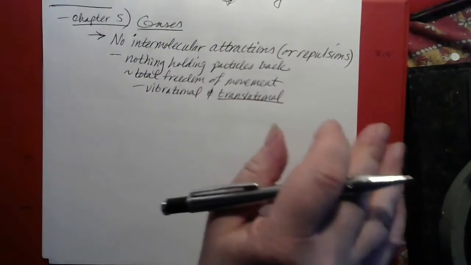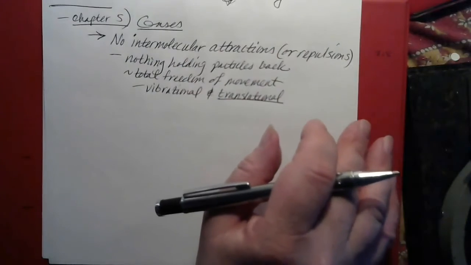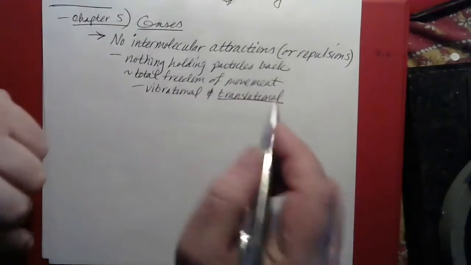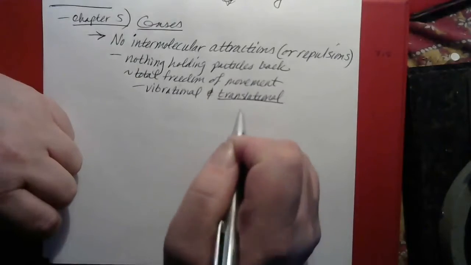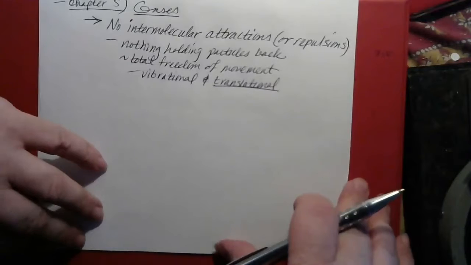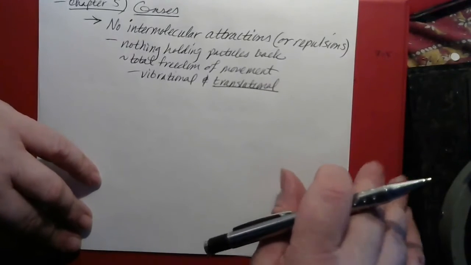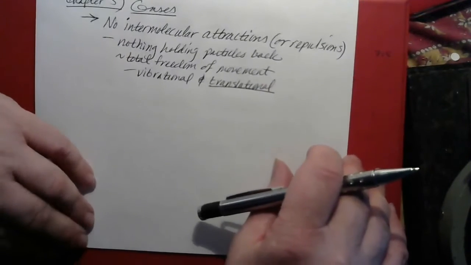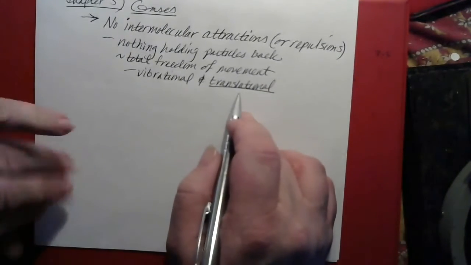And that's something that particles in solids don't have, and particles in liquids have in a very limited way, and that is the ability to move from one place to another, to move around and past other particles, to get somewhere else. It is translational freedom of movement. And gases have that in abundance.